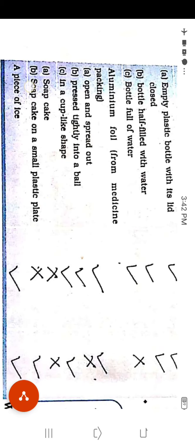A soap cake, I was thinking it will not float, and the soap was not floating in the water when it was experimented. Soap cake on a small plastic plate, I was thinking it would not float, but it was floating. A piece of ice, I was thinking it will float, and it was floating.